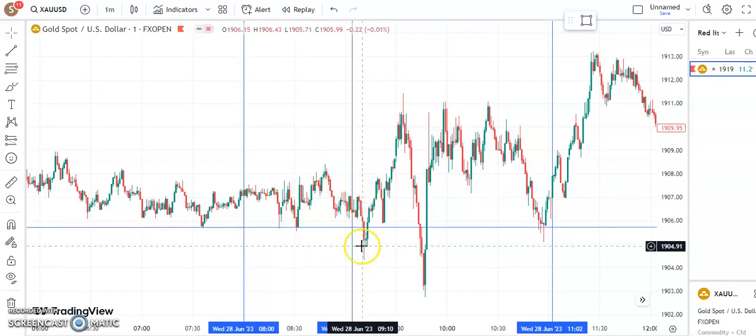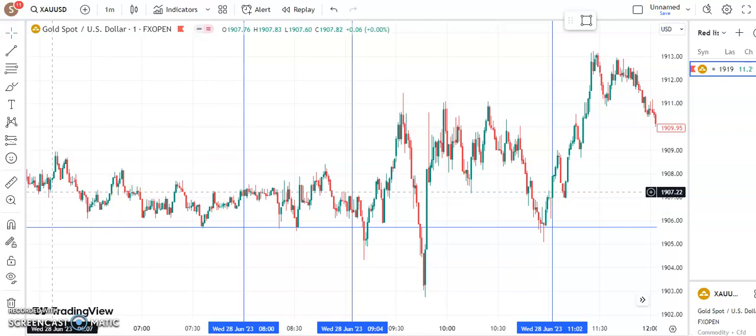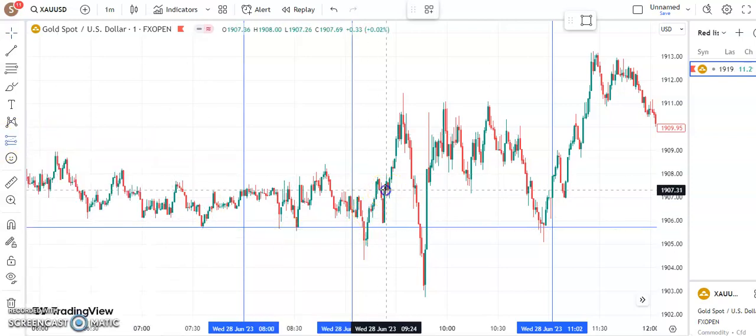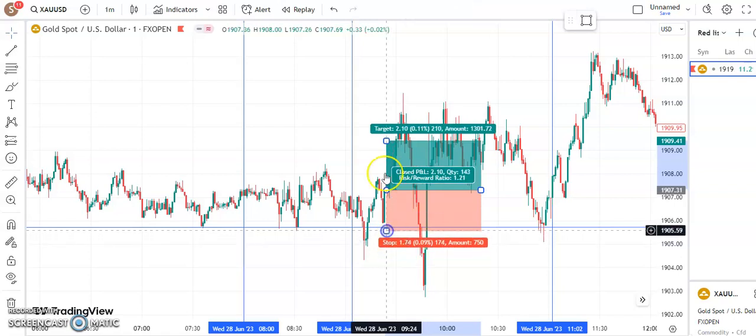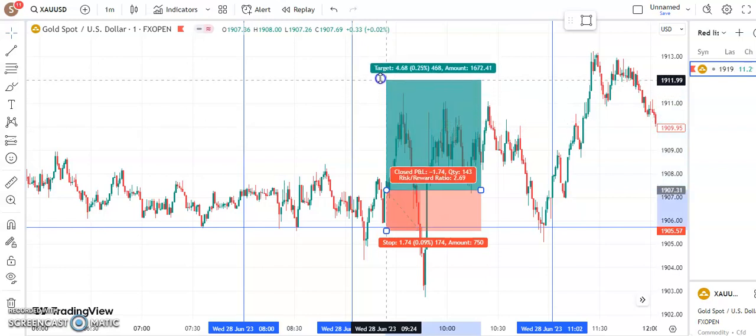The market pierces the low, then gives us an engulfment at 9:23. I remember this was my entry. I stopped somewhere there, and I was looking for a 50 pip trade.